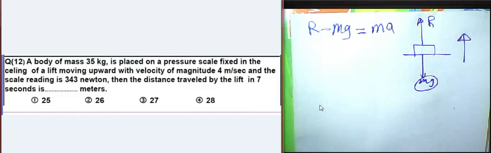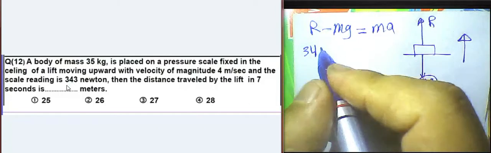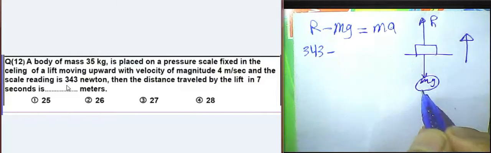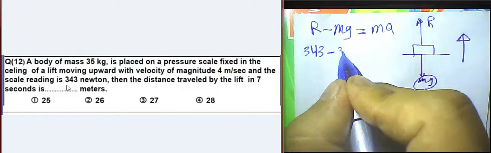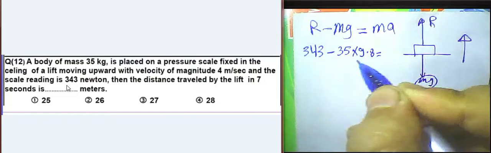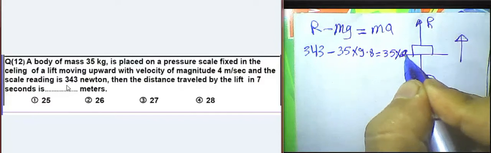Reaction is given here, look at here, scale reading 343. So we can write 343 subtract the weight, 35 multiplied by g, equal 9.8, equal 35 multiplied by acceleration. We want to find acceleration.